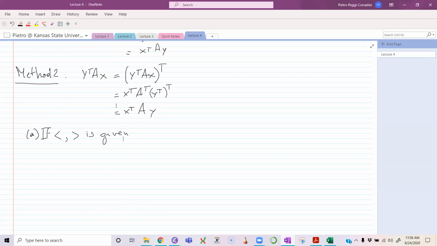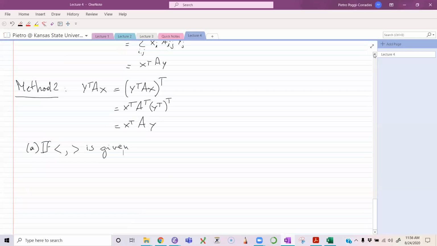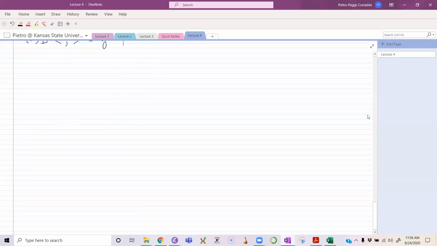Well, you have to come up with a matrix, right? So the way to think of a matrix is through the entries of the matrix.